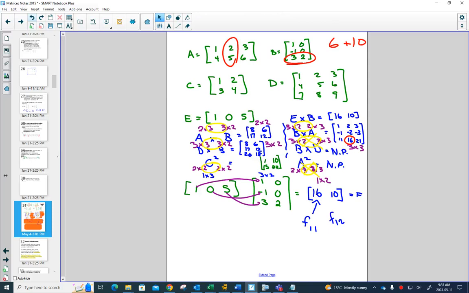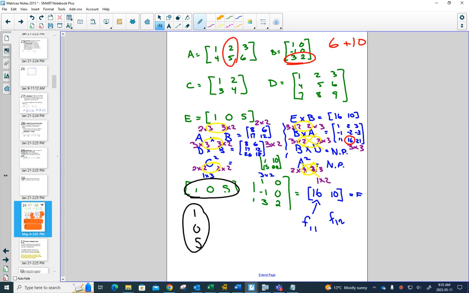And I sort of like the following visual here. Let me erase my arrows here. I sort of imagine that this row gets rotated on its side, like that, and then crashes into the column straight across. So what happens when it crashes?